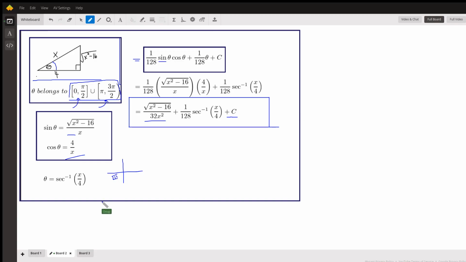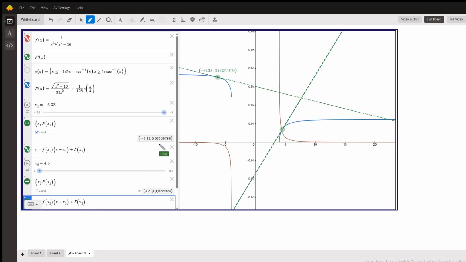Now, if you go to Desmos to try to confirm this, here's f of x, what we just got, but look what I did here. If I put inverse secant of x here, these graphs won't match up. Right now I've got f prime of x and f of x matching. But if I used inverse secant right here on Desmos, it wouldn't work, because when x is negative, I get angles in the second quadrant instead of the third quadrant.